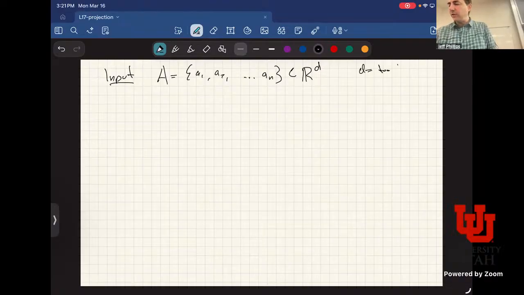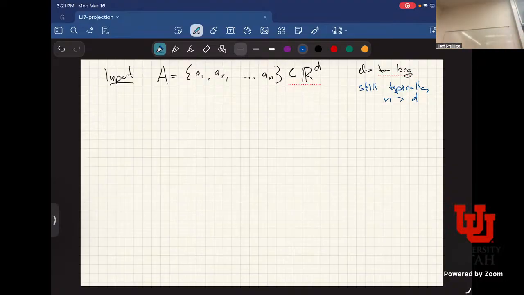D is going to be too big, but we are going to have n larger than d. So for what we'll talk about in this class, we'll think of n as still larger than d, and d is too big. Maybe d is 1,000 and n is like 1,000,000. That's a place to think about.